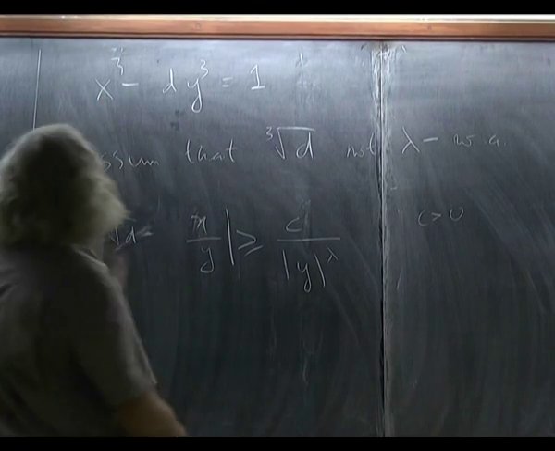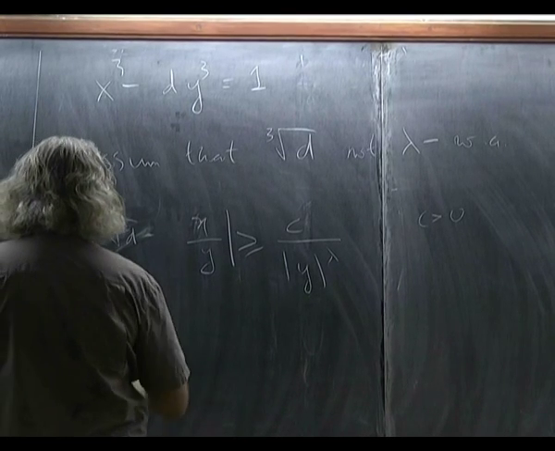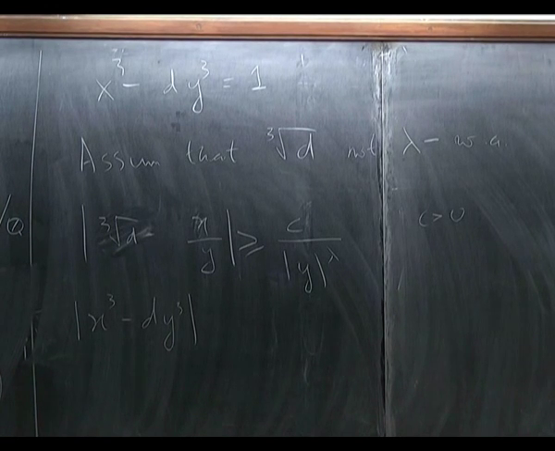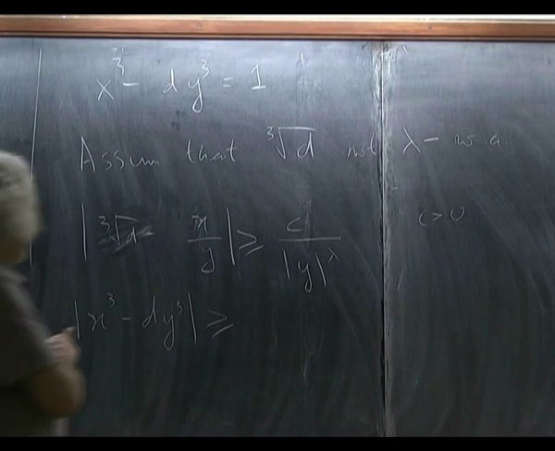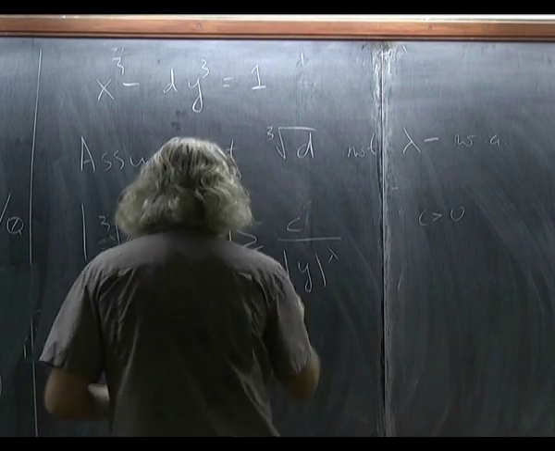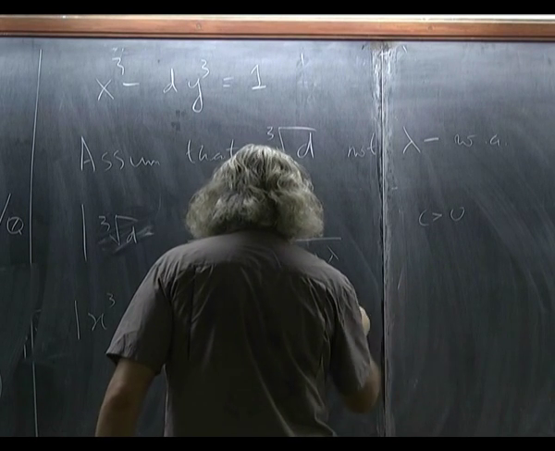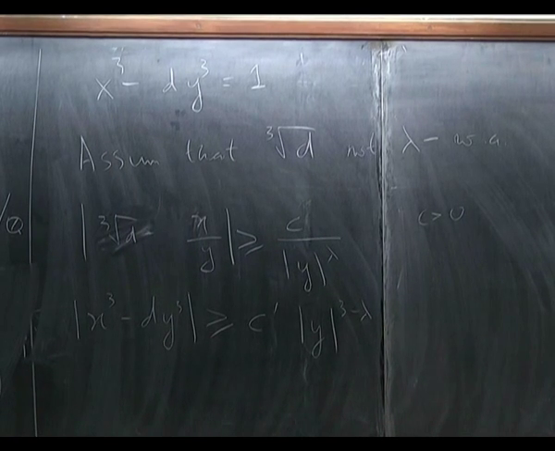Then if we write down this x cubed minus d y cubed, it is clear that this would imply some sort of inequality of the form some other constant c prime, y to the power 3 minus lambda. Good.